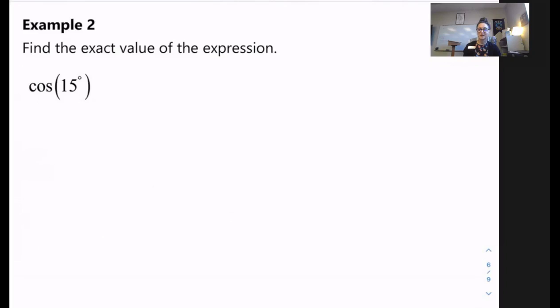All right, so let's practice now with an angle that is not on the unit circle. This is really where the formulas come in handy. Would you go ahead and write cosine of 15 degrees, please? We first need to come up with two angles that I either add or subtract that are on the unit circle that make 15 degrees. So what do we think about cosine of 45 degrees minus 30 degrees? Right?